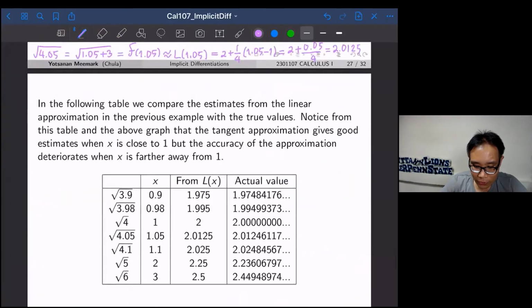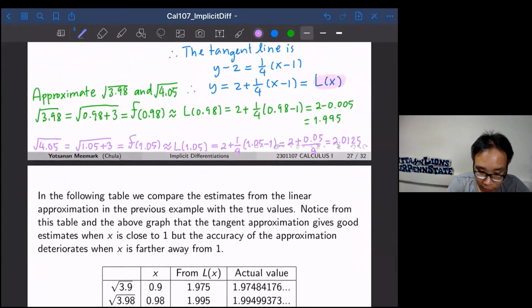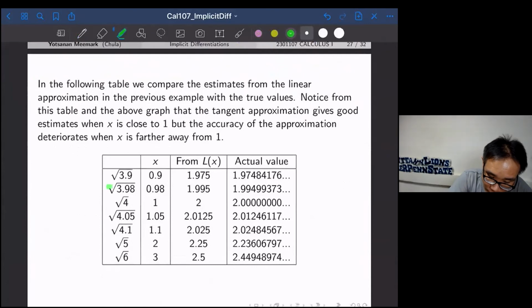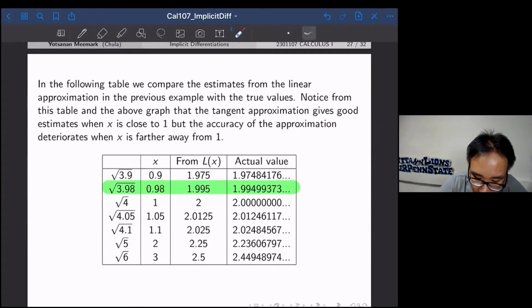So for the thing that we are doing here, I use two colors. I will use the green color. So for square root of 3.98, we have x equal to 0.98, and you see the actual value and the value from L(x). So from L(x) is going to be 1.995.